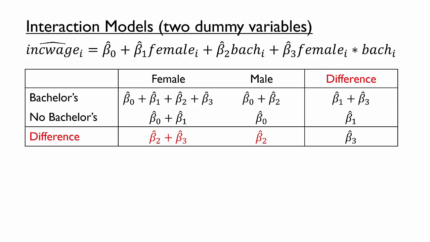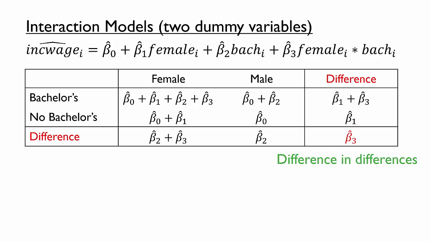Mechanically, we also could have arrived at the same answer by comparing the gender pay gap among those with a bachelor's degree versus those without. For reasons that should now be obvious, the interaction coefficient beta 3 hat is also sometimes called the difference in differences. This quantity often helps us to answer a question that would not have been possible without an interaction model.